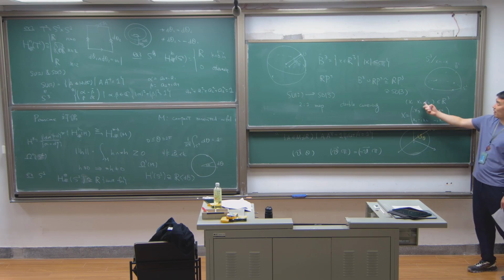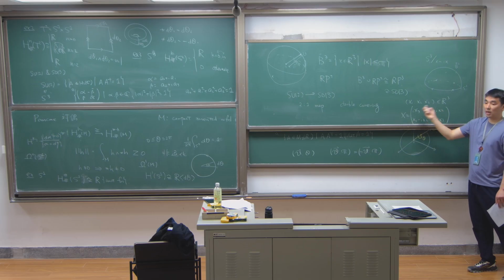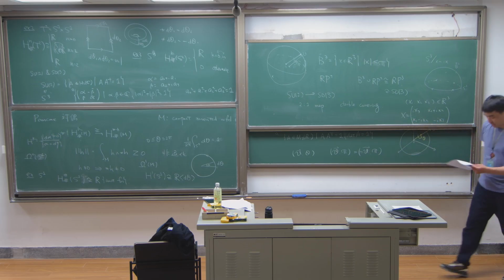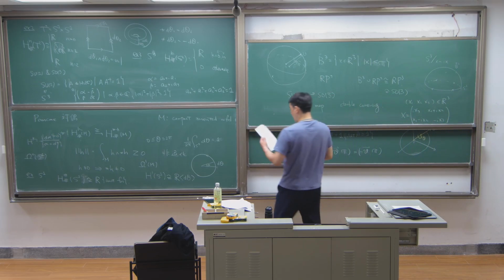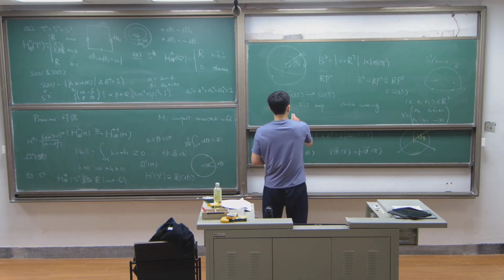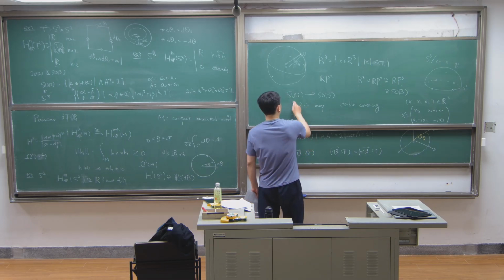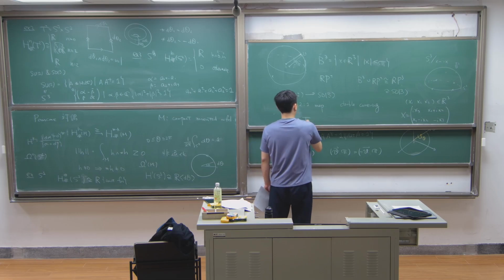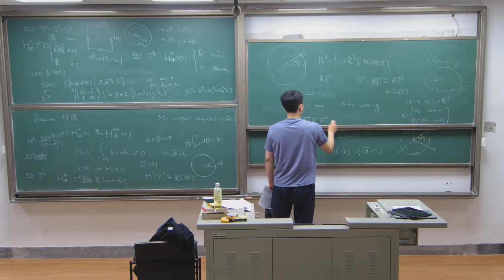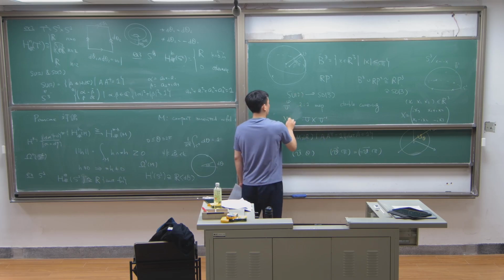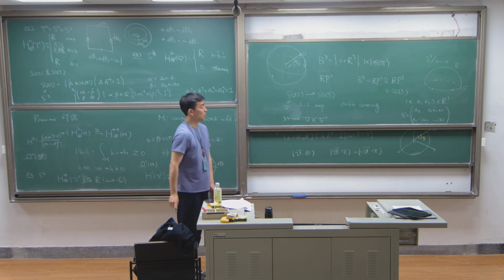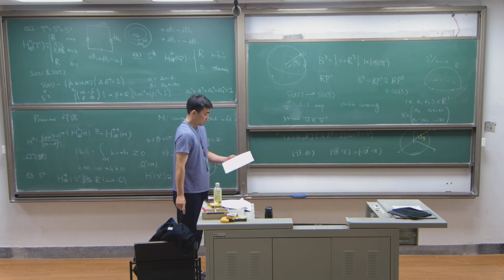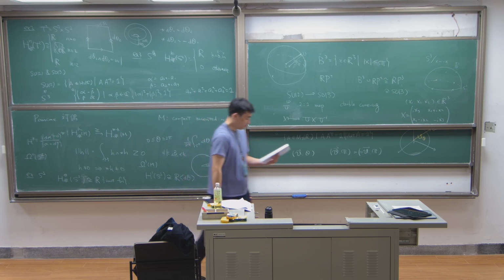So you just identify the point in R3 with this matrix. And suppose you have an SU2 element, so this is U inside of SU2. You can map it like this.